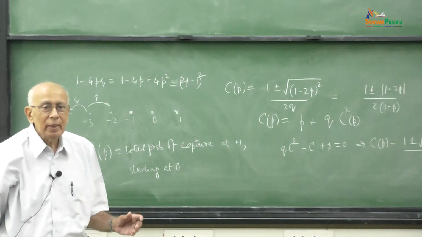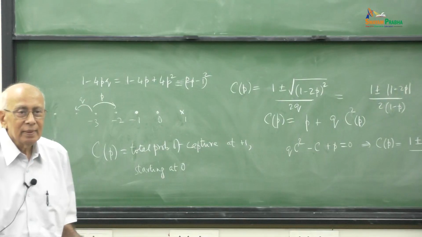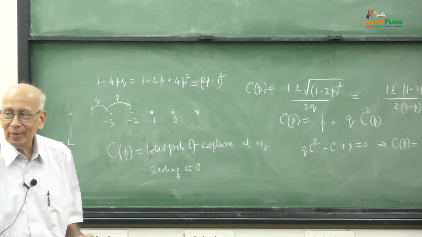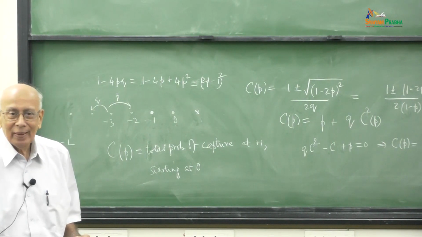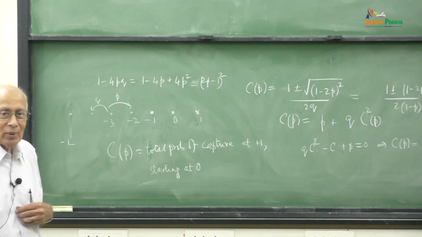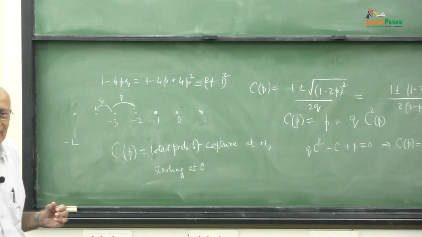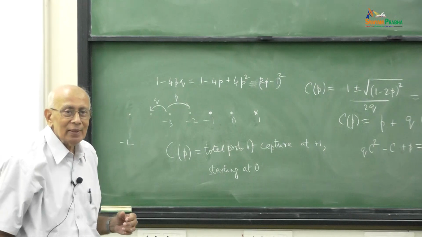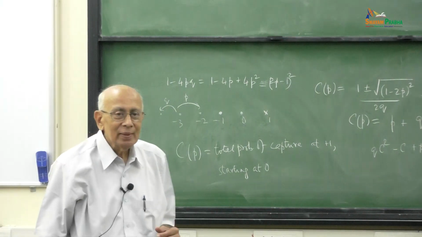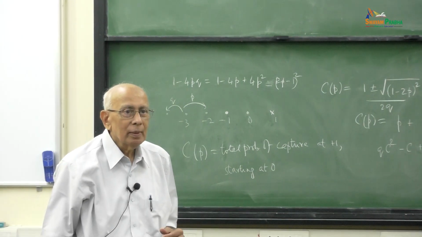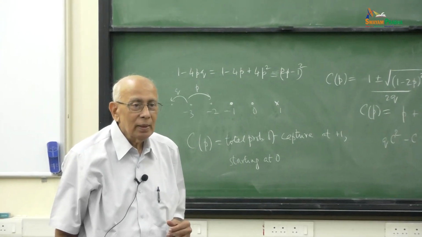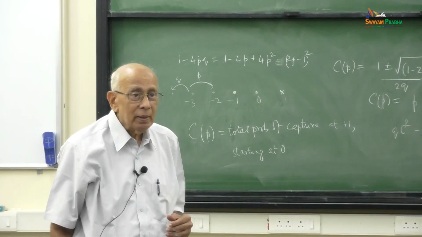It's a perfect square. Yes? Look, you have to correct me if I'm wrong. Is it right or wrong? It's that bewitching hour in the afternoon when you feel sleepy, yeah? 1 minus what? 5P. Yes.